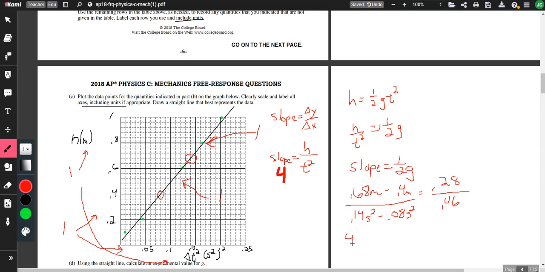So my slope is 4.67, and that's equal to 1/2 of g. So solving this, I can find that the g value that I have is 9.3 meters per second squared.